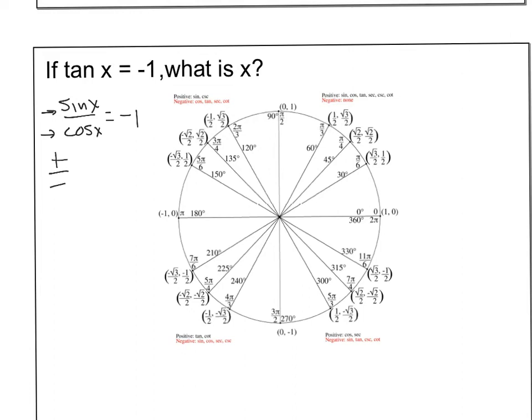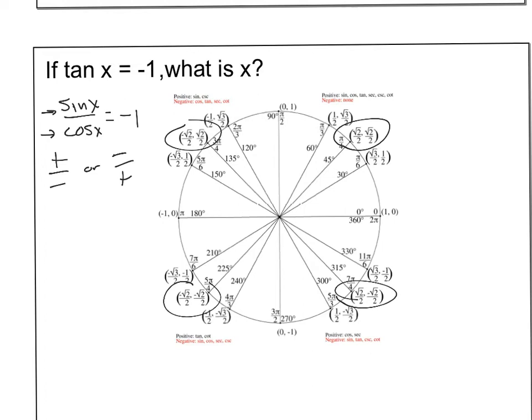So I could either have positive over negative, or a negative over positive. But sine and cosine have to be the same thing. All right, so the only places where they're the same thing is here, here, here, and here. All the 45 variations going around the circle.